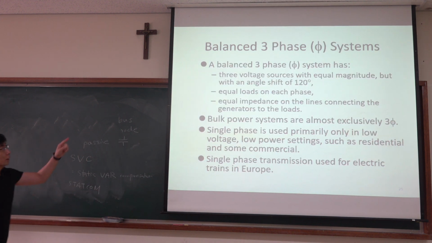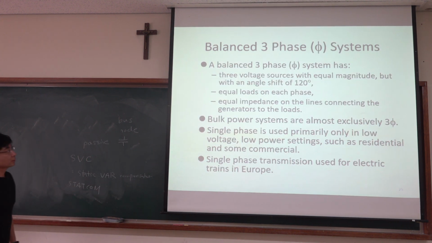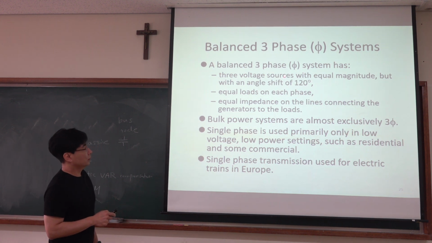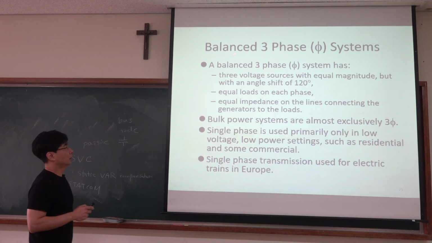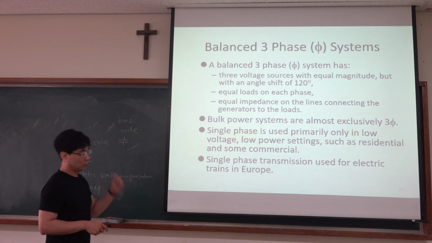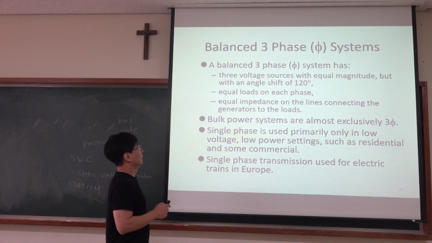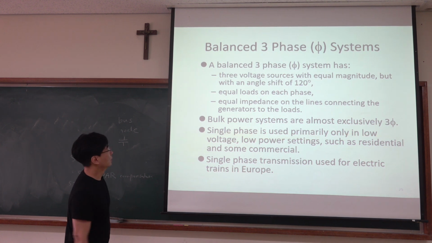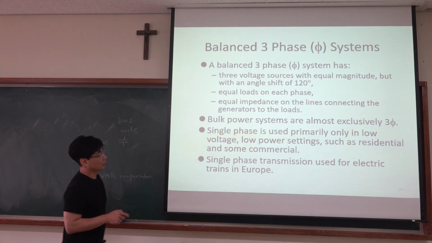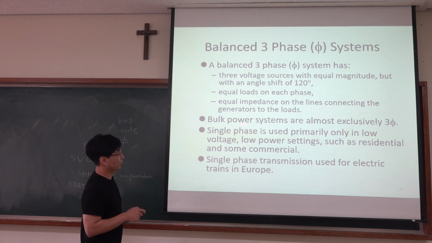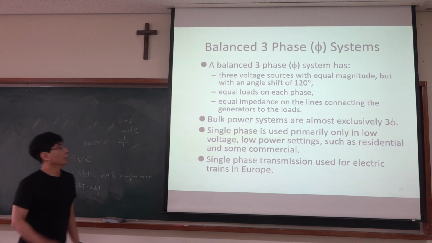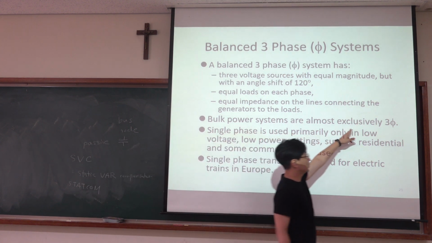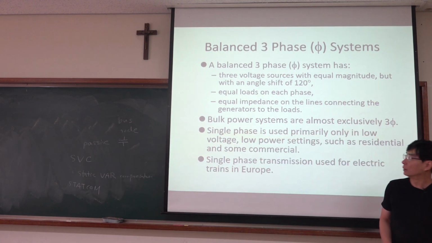What is the advantage of balanced three-phase systems? A balanced three-phase system has three voltage sources with equal magnitude, but with an angle shift of 120 degree. And equal loads on each phase, no, this is an assumption. Equal impedance on the lines connecting the generators to the load. And these bulk power systems are almost exclusively three-phase system.